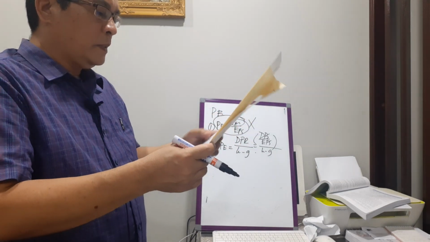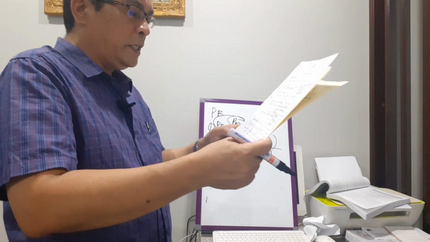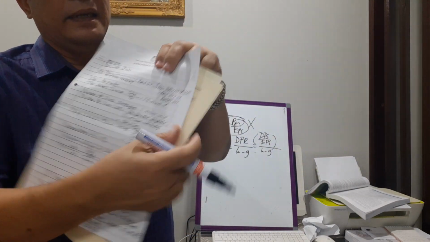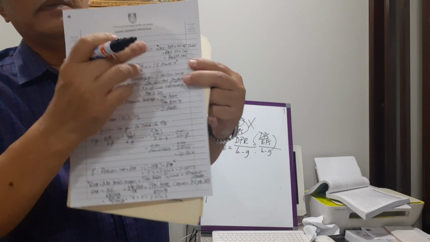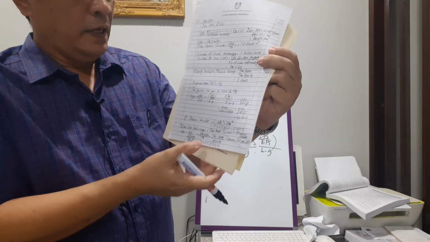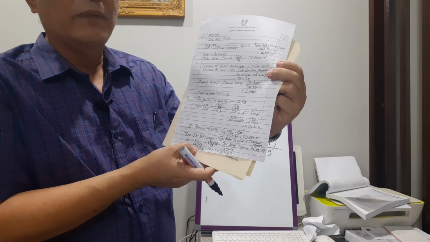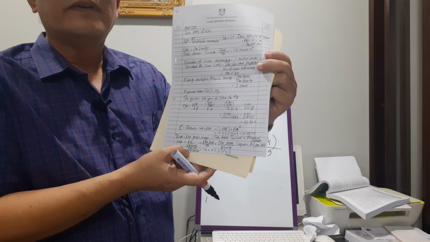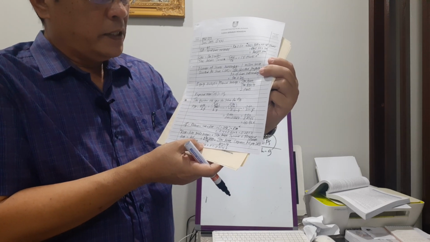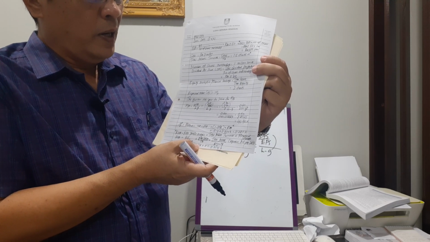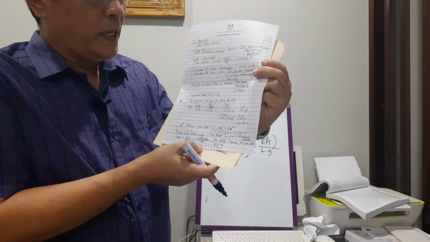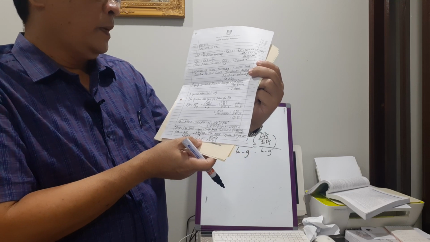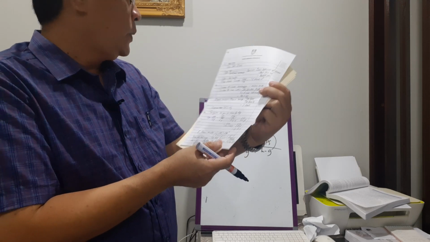Net profit margin is net profit or net income over sales, so net income of 500,000 divided by sales of 7 million, multiplied by total assets turnover of 1.5, multiplied by 2, which is the financial leverage or equity multiplier.